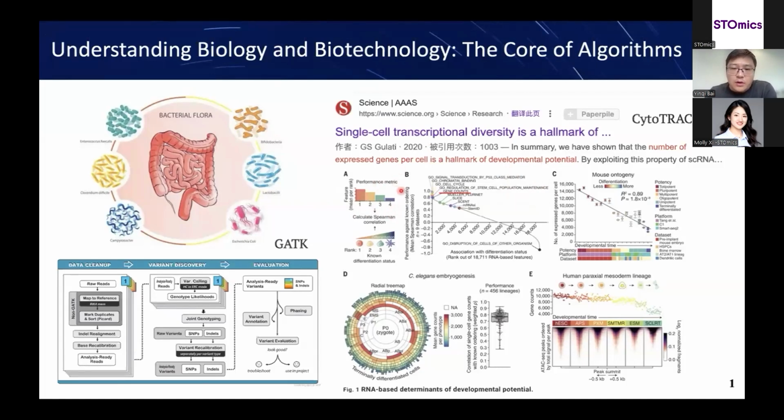The innovation of the algorithm itself is not that important. The more important thing is the innovation of concept and the robustness as well as the generalization of the algorithm to fit for the diverse biological scenarios.